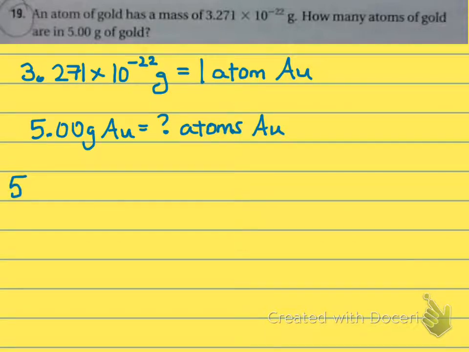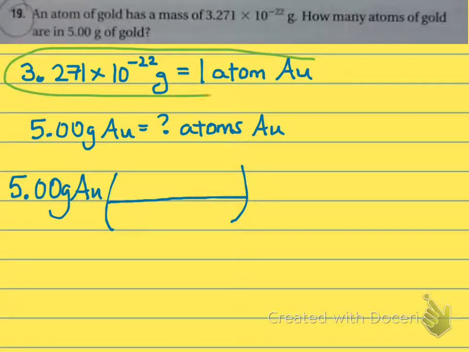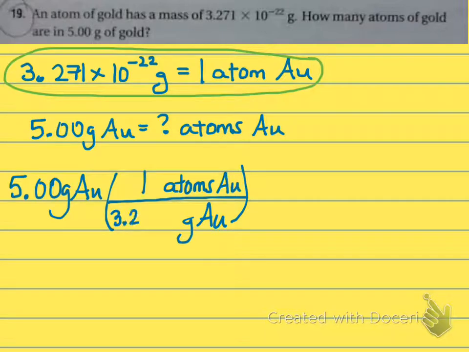So we're going to start with our given, which is the 5 grams of gold. And again, we're going to use this conversion factor here. So we know grams need to go in the denominator, so they'll cross out. And the other unit is atoms of gold. And we know that 1 atom is 3.271 times 10 to the negative 22nd. So again, here is that first example of you can't just move the decimal to get your answer, right?